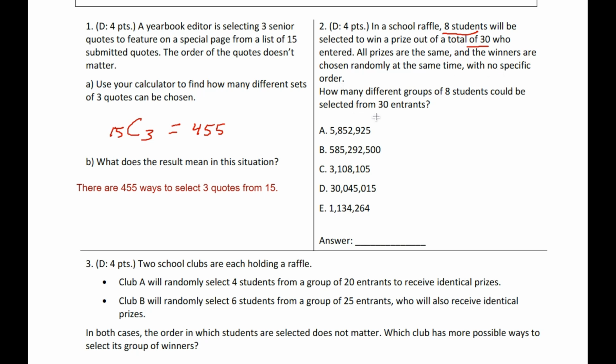How many different groups of 8 students could be selected from 30 entrants? All right, so we have 30 students. We're picking 8. This is simply 30 choose 8. That's how many groups of 8 we can pick. And if you do that on your calculator, you'll find that the answer is A, that one.